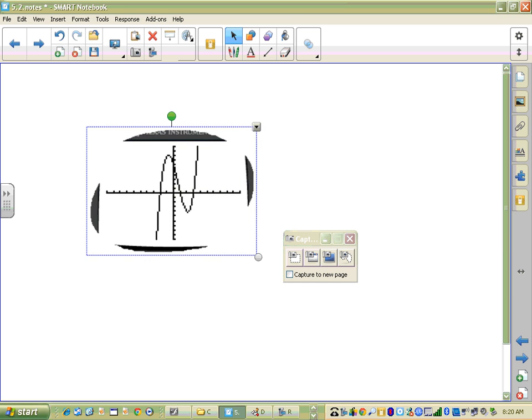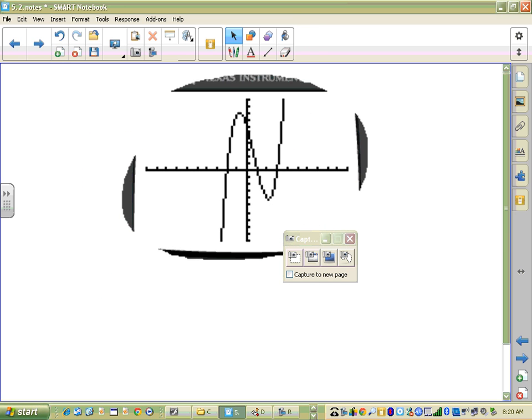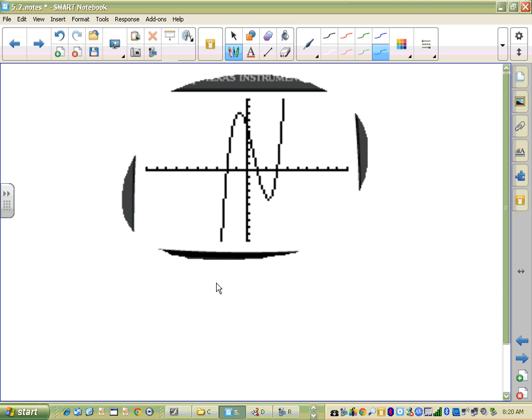So when we find this local minimum, local maximum, what we're after is that point right there. To find it, we're going to have to find a lower bound and an upper bound. If you don't understand the concepts of bounds yet, stop in and see me sometime. I'm not going to take 7 minutes and explain it. Lower bounds and upper bounds are points on either side of that point.